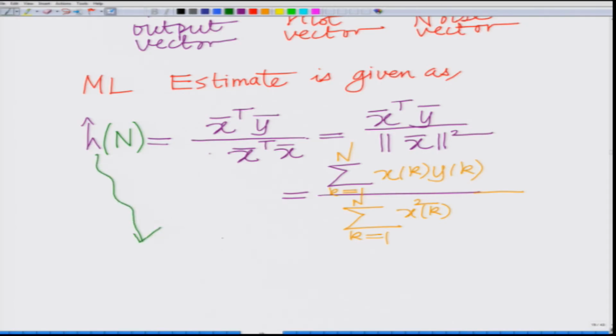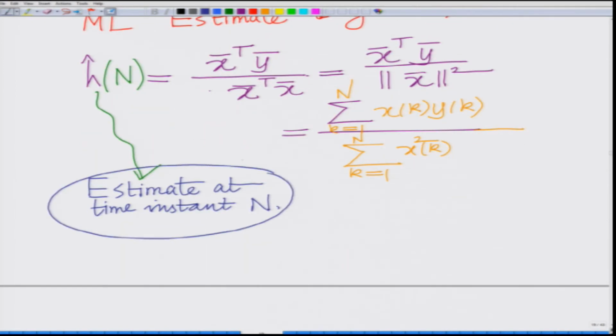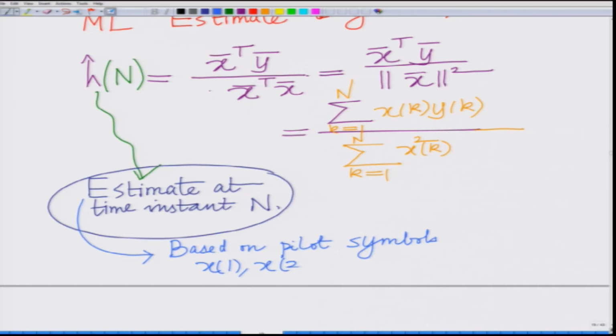So, h hat becomes h hat of n, which denotes the estimate at time instant n, computed based on pilot symbols x1, x2 up to xn transmitted up to time instant n.